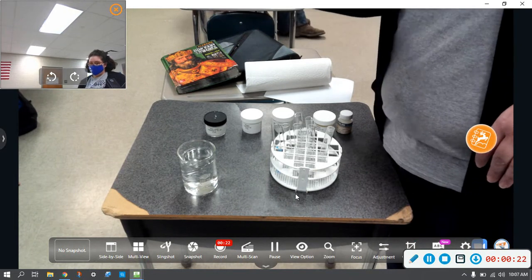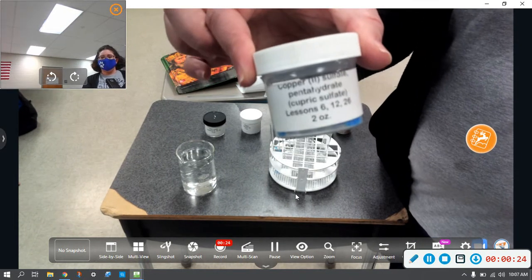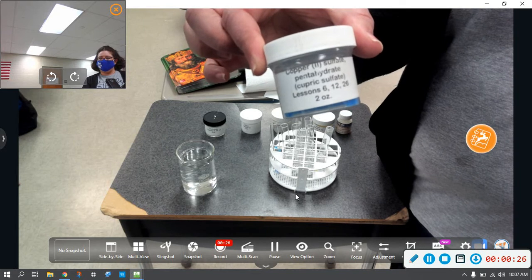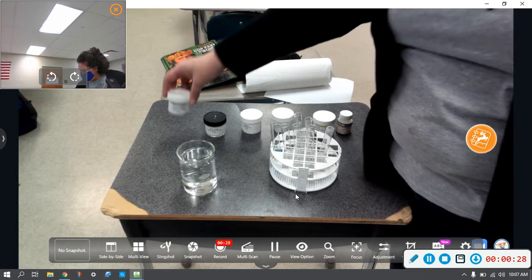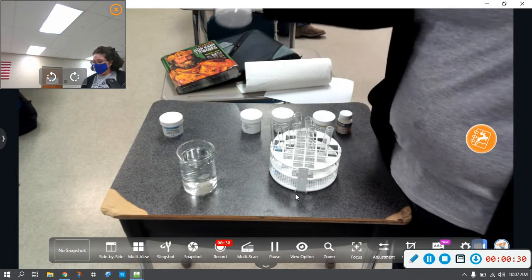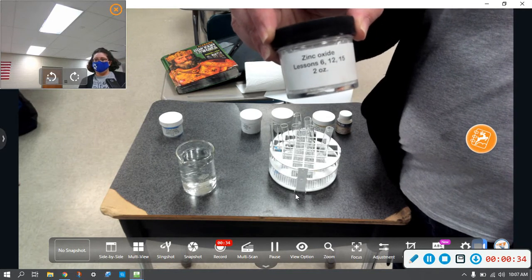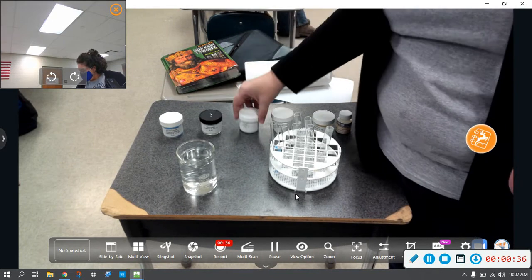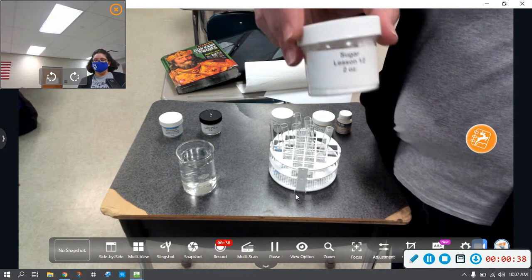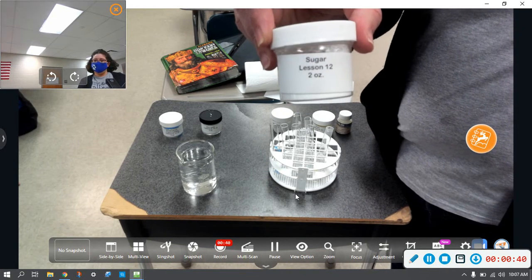This is the first one, copper sulfate, blue crystals. This is the second one, zinc oxide. This is the third one, powdered sugar.